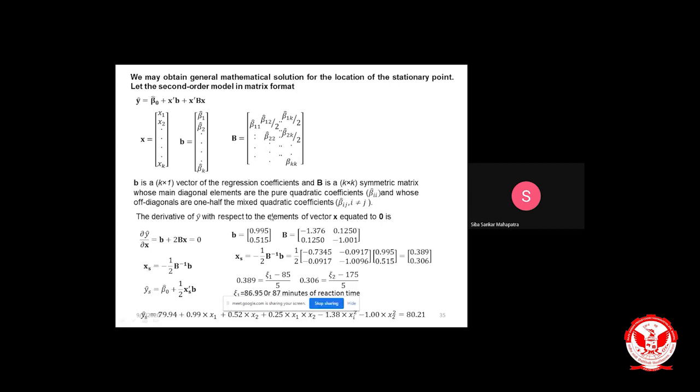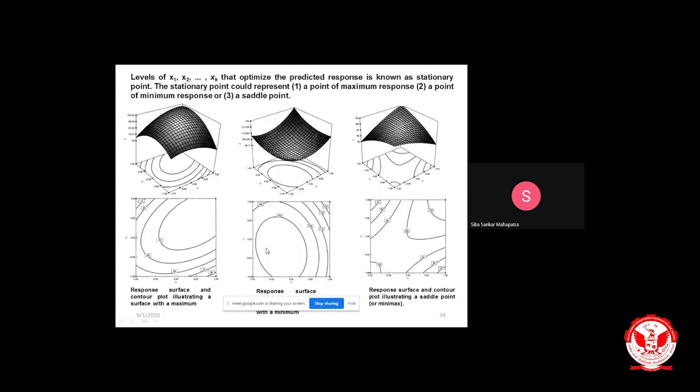So from this we can know b, which is nothing but 0.995 and 0.515. You see the equation here.